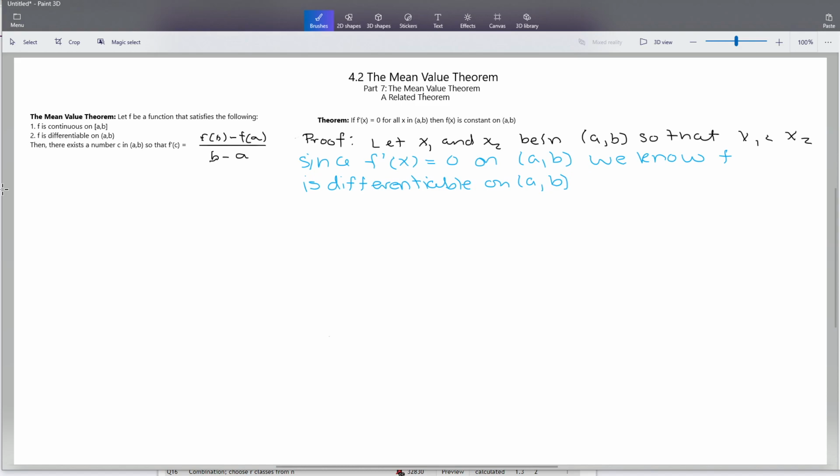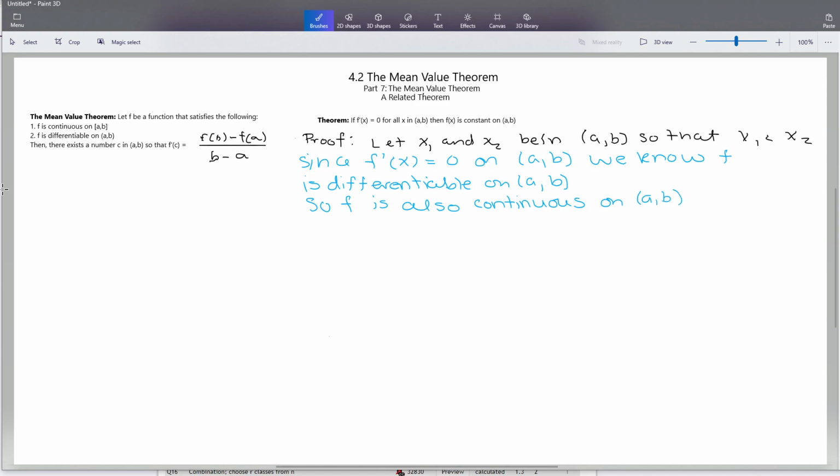Remember, being differentiable is a more strict condition than being continuous, right? If a function is differentiable, then it must also be continuous. So f is also continuous on the open interval AB.